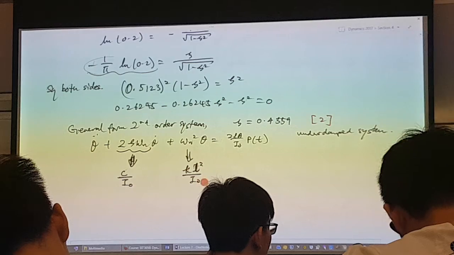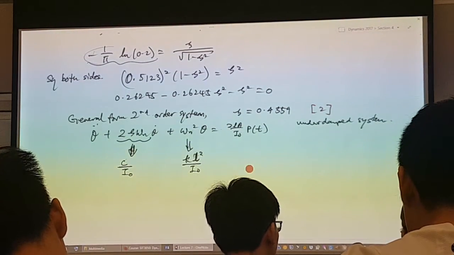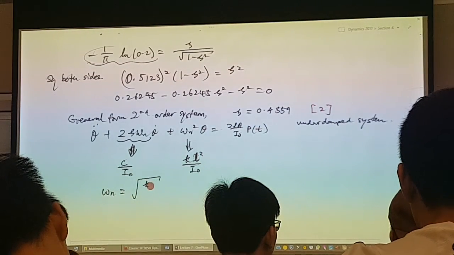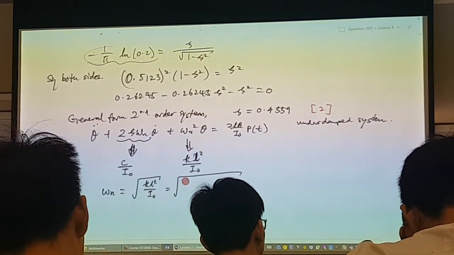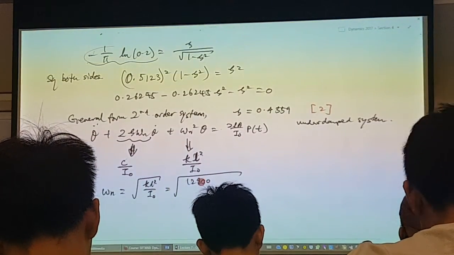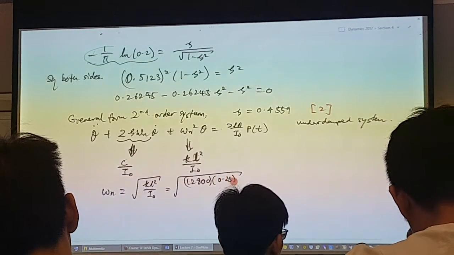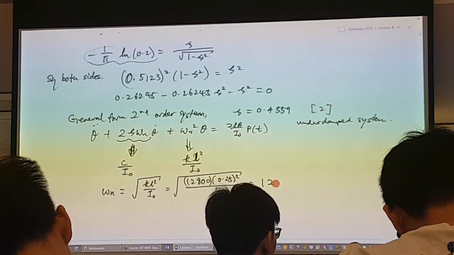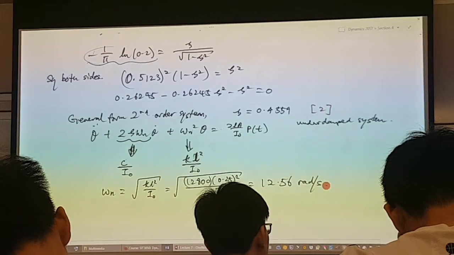So let's do the comparison in order to get us this C value. So omega n will be equal to square root KL squared over I naught. So that is 12800 L squared divided by I naught. So calculate that, you get this.